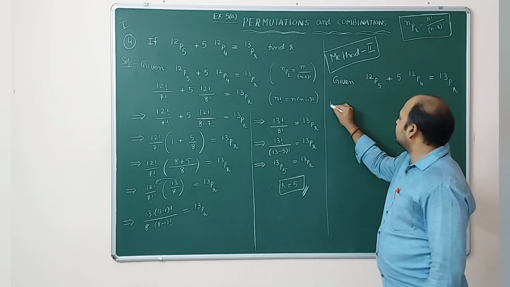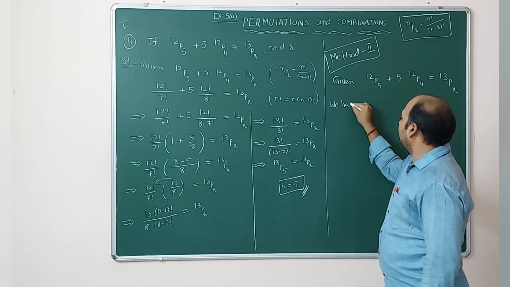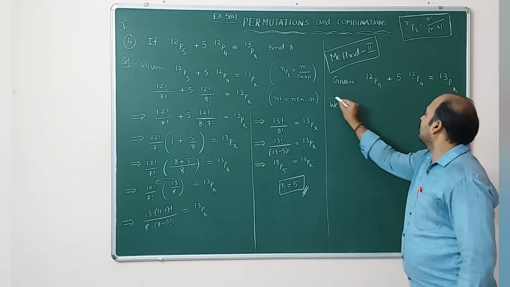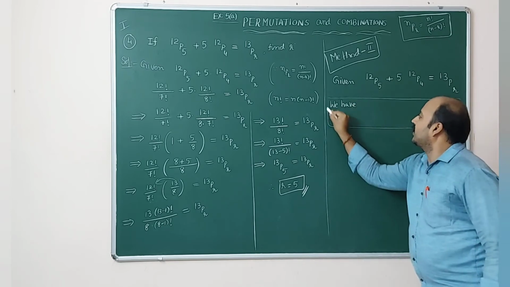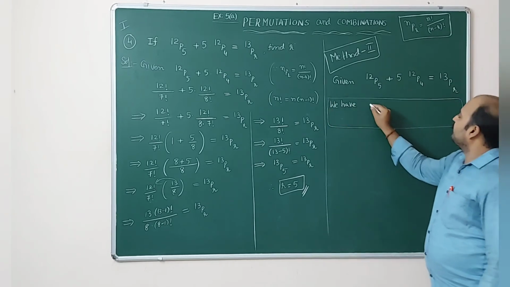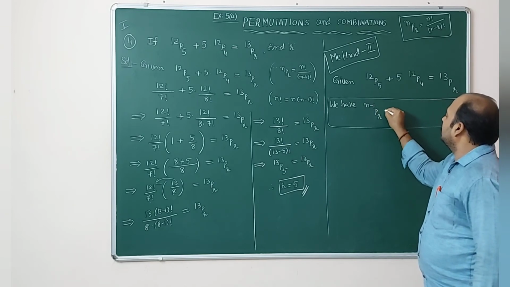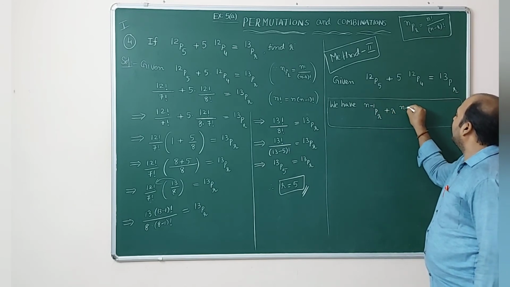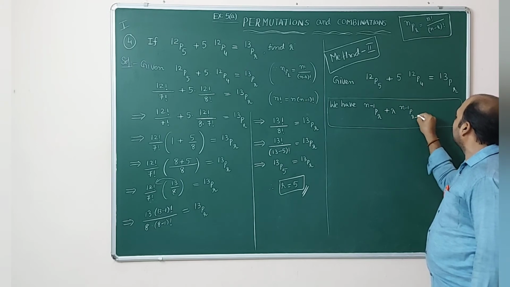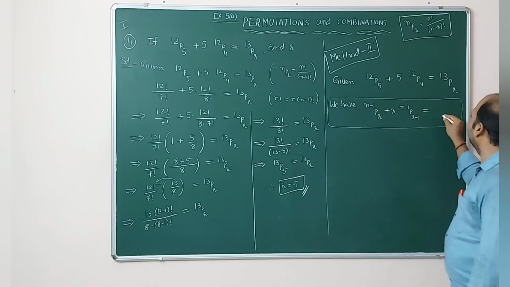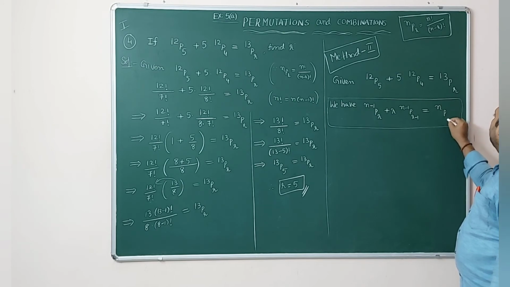We have the result. I will make a box for that. n minus 1 Pr plus r into n minus 1 Pr minus 1, which is equal to nPr.